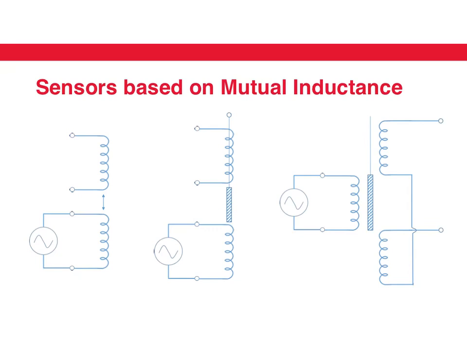Another example of a sensor based on mutual inductance would be this. Now this is a special example which we'll take a look at in detail. This is also called a LVDT.